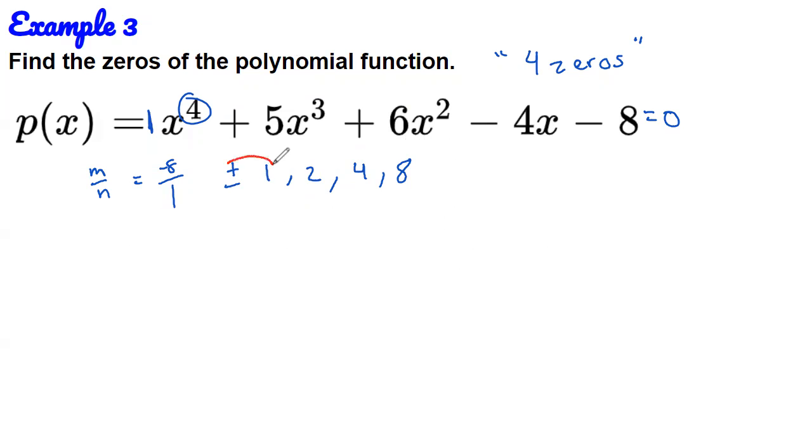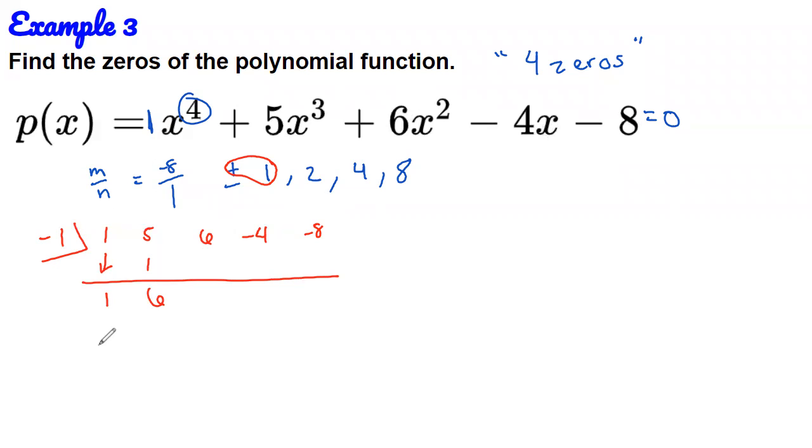Okay. So if it's positive 1, it is the opposite. Let's see. Positive 1. We have our coefficients. It'd be 1, 5, 6, -4, and -8. We have 1. 1 times 1 is 1. Let's see. This would be 6. Then -8. No. -1. Okay, sorry.